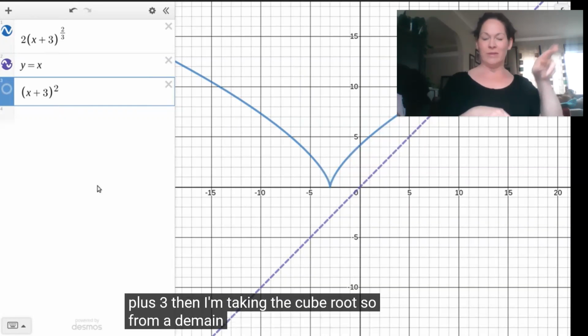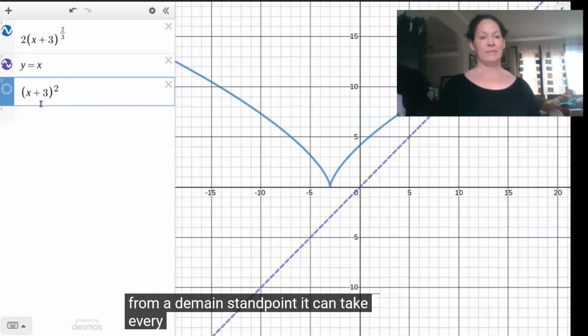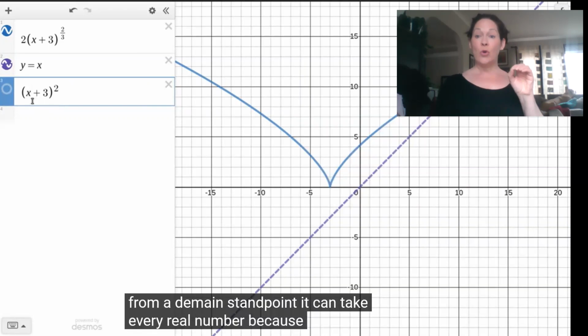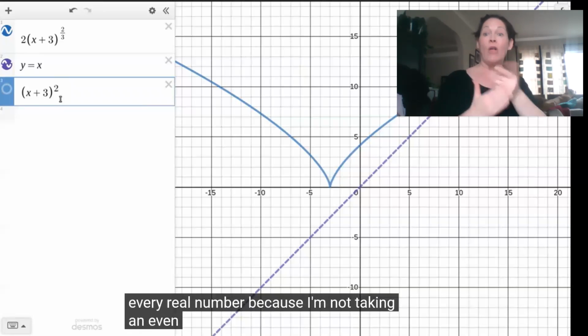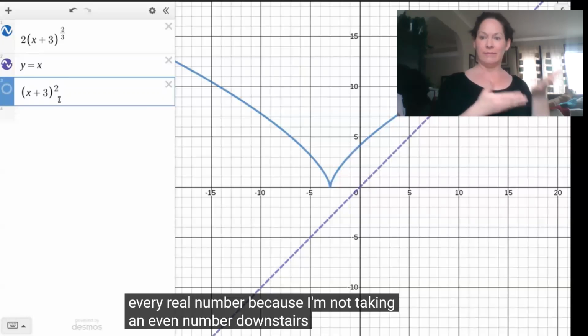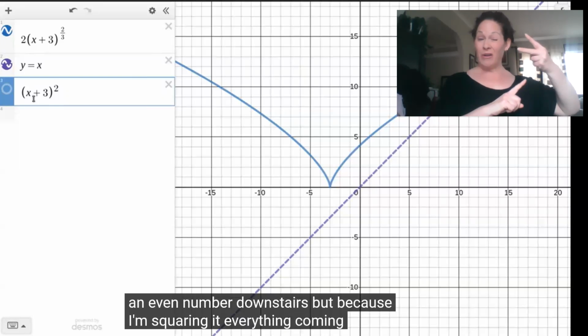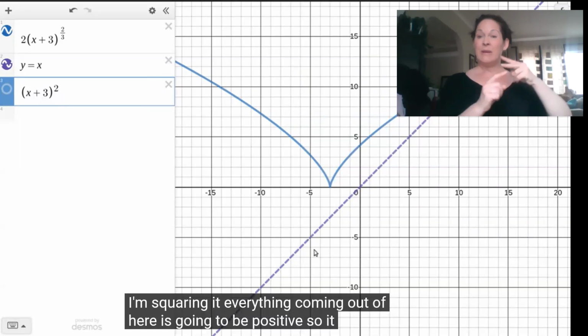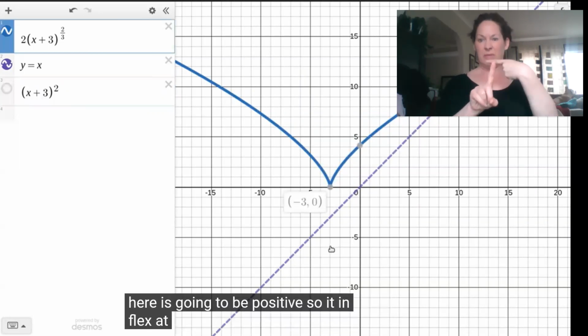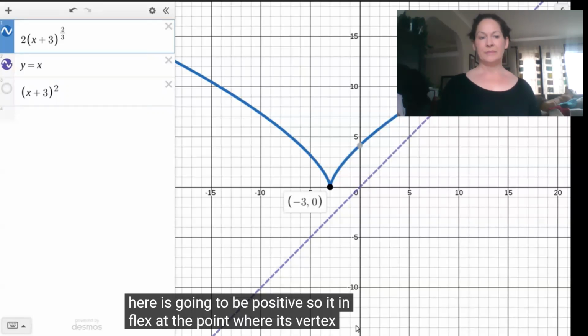So from a domain standpoint, it can take every real number because I'm not taking an even root downstairs. But because I'm squaring it, everything coming out of here is going to be positive. So it inflects at the point where its vertex is.